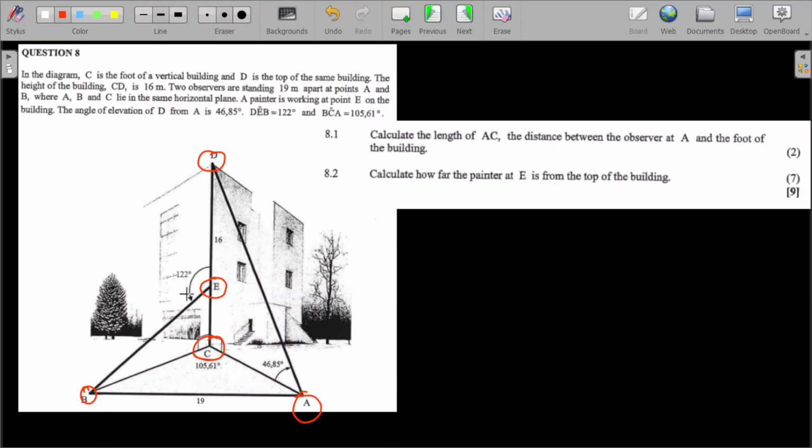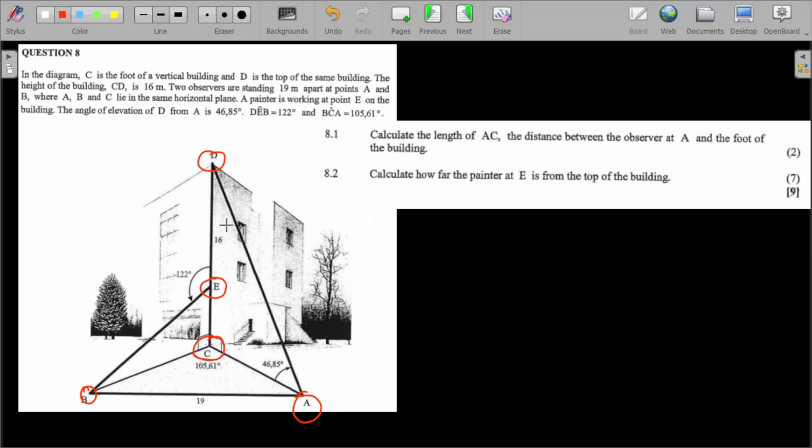Where is D? Okay, this one here. Now calculating the length of AC, the distance between observer A and the foot of the building.